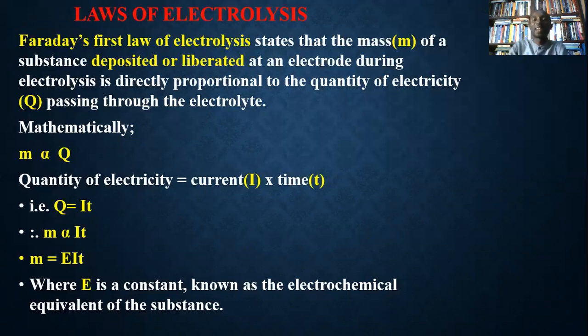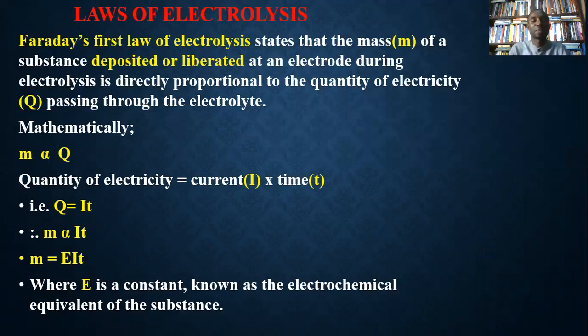It says that the mass of a substance deposited or liberated at the anode during electrolysis is directly proportional to the quantity of electricity passing through the electrolyte, meaning that if a large mass is produced, a large quantity of electricity is being supplied. The mass deposited or liberated is determined by the quantity of electricity passed through it.